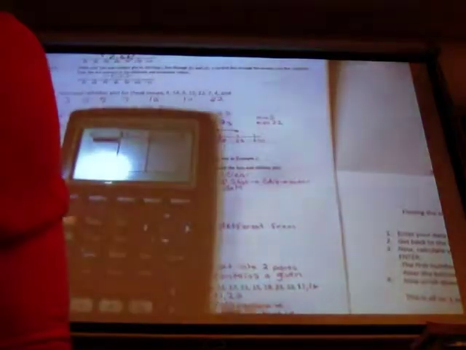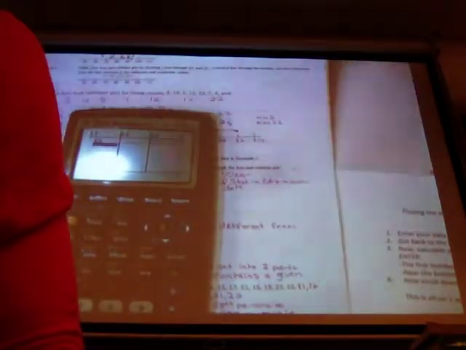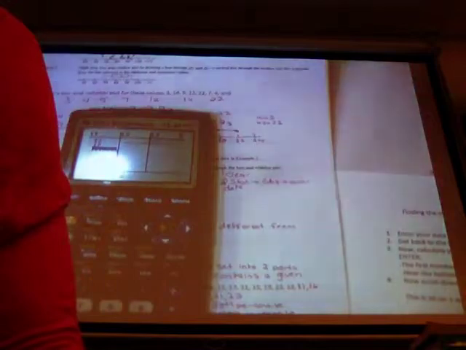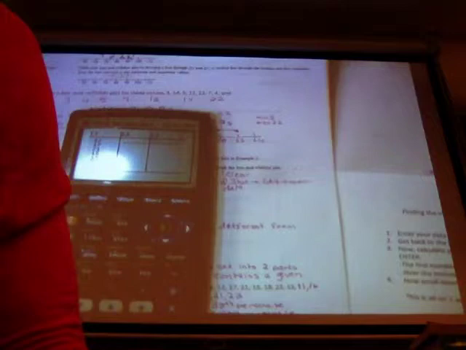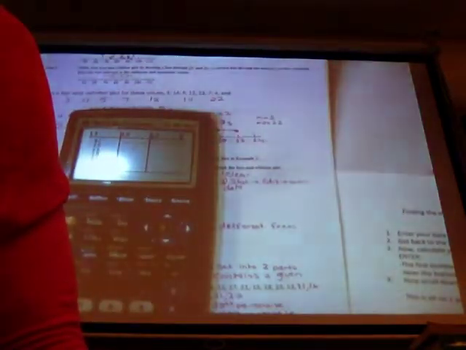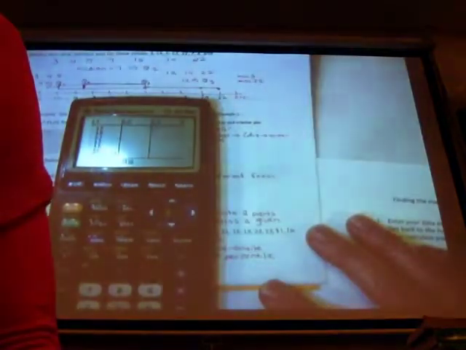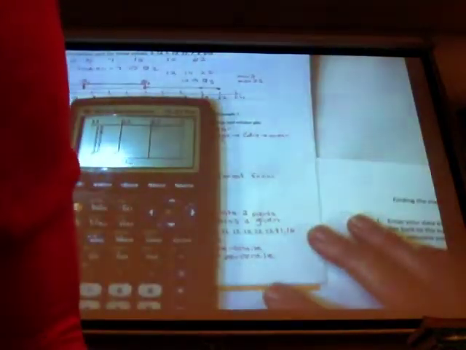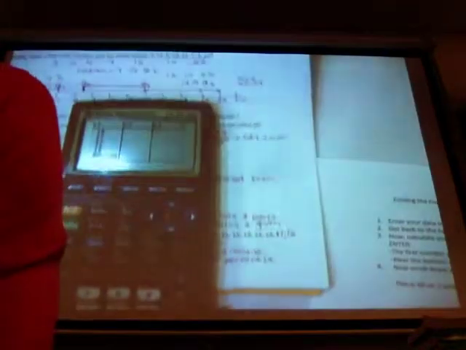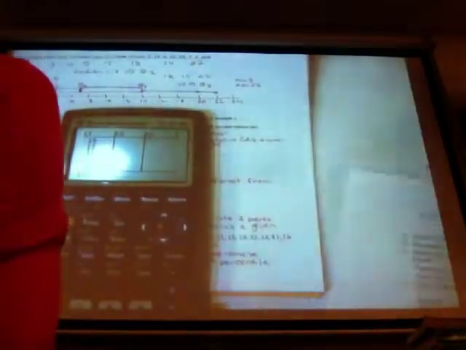And I'm going to enter those as a list. 12, enter. 17, enter. 21, enter. 15, enter. 19, enter. 23, enter. 13, enter. 11, enter. 16. I'm doing these down here, and 20. And you should have 10. I just did these down here that we just did in the last example.